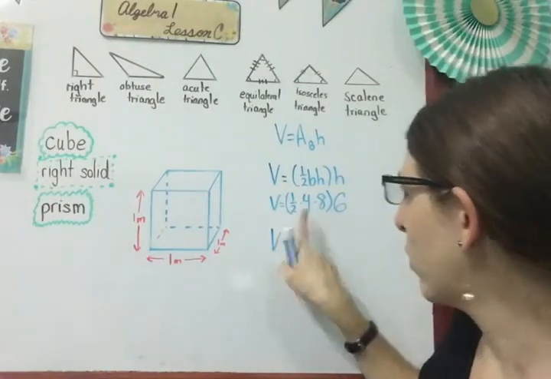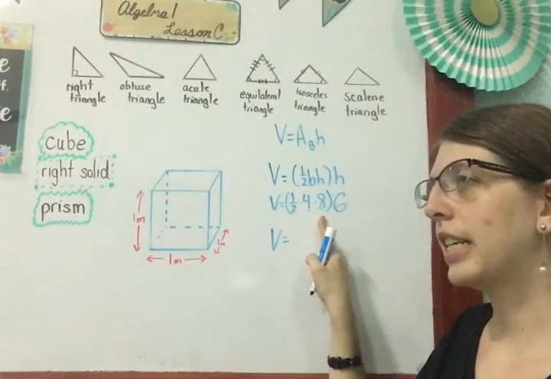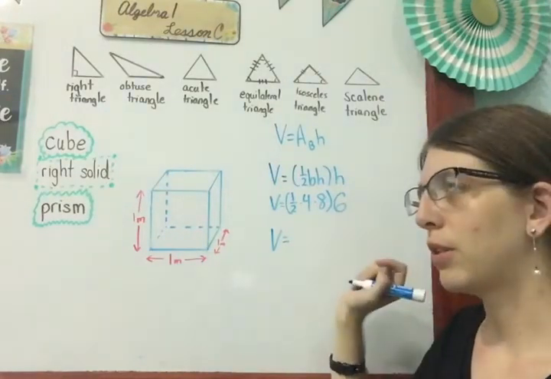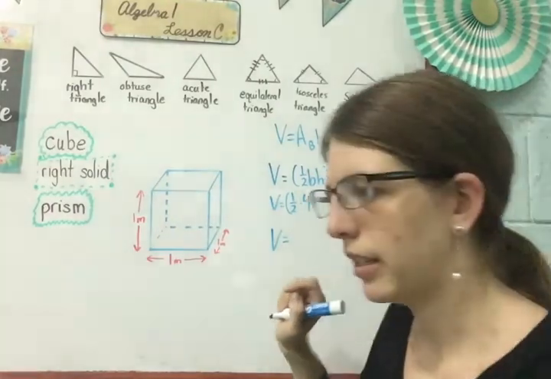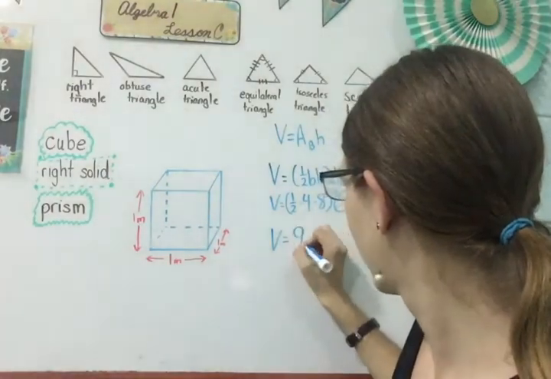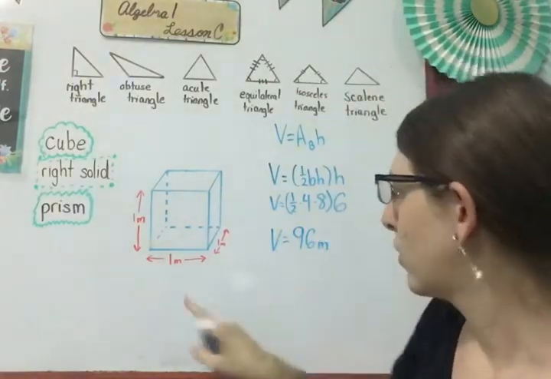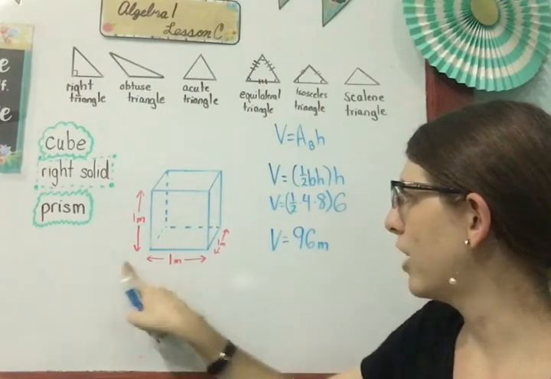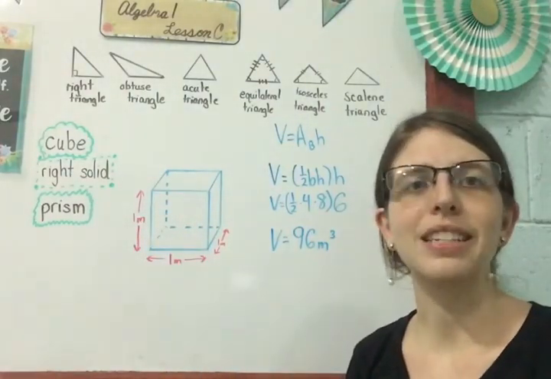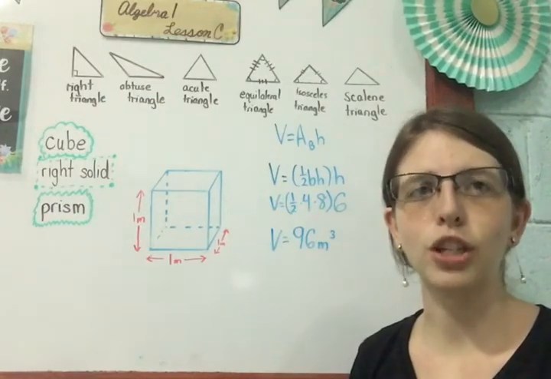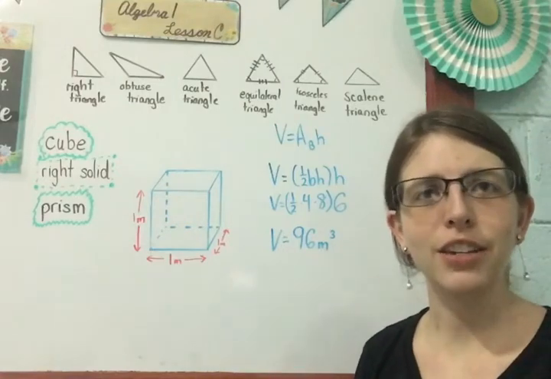So volume equals 1/2 times 4 is 2, times 8 is 16, times 6, let me do the mental math, 96. Okay, it says our dimensions are in meters. So since I have 3 dimensions, my meters are cubed for volume. So it is 96 meters cubed for your volume. That's all you have to do. So just plug everything into your formulas.